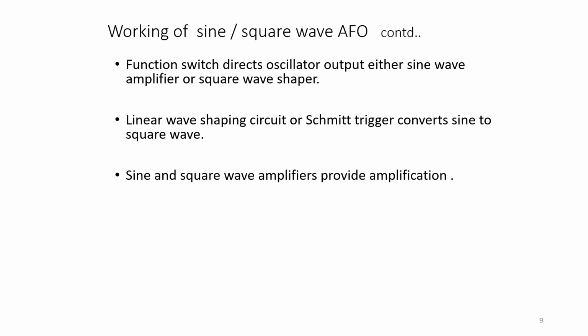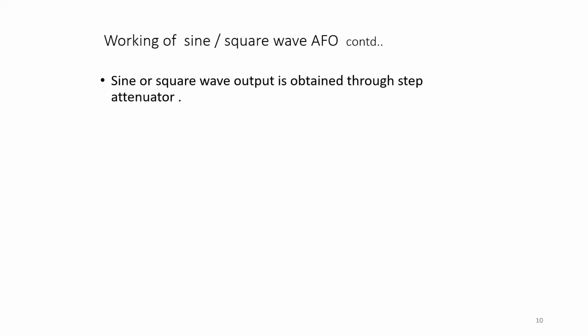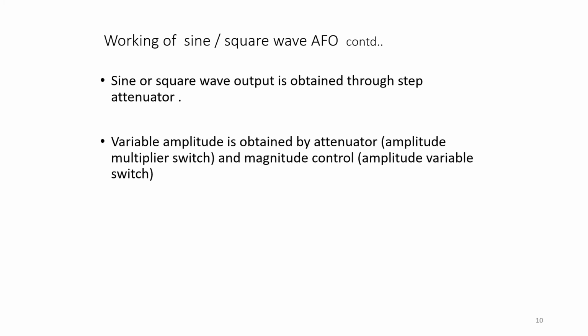Sine and square wave amplifiers provide the amplification. They also provide buffering between the oscillator and the load at the output so that there will not be any loading effect. The sine wave or square wave output is obtained through a step attenuator.